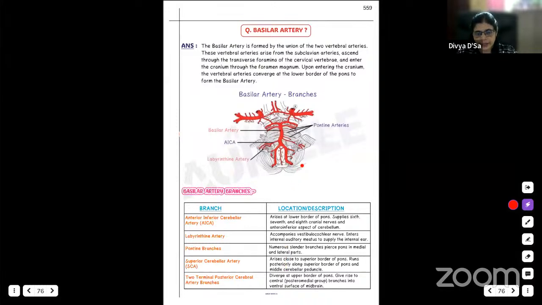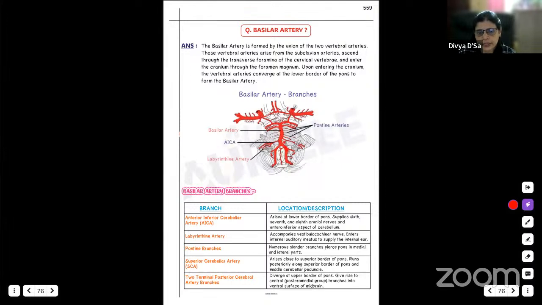Next is the basilar artery. These are all the arteries whose branches supply the cranial cavity. You just need to know which are those arteries and what branches they give. The basilar artery is formed by the union of two vertebral arteries.